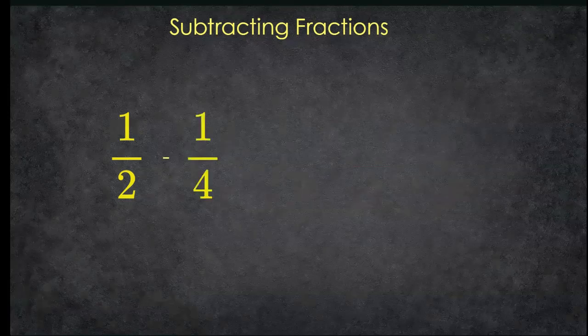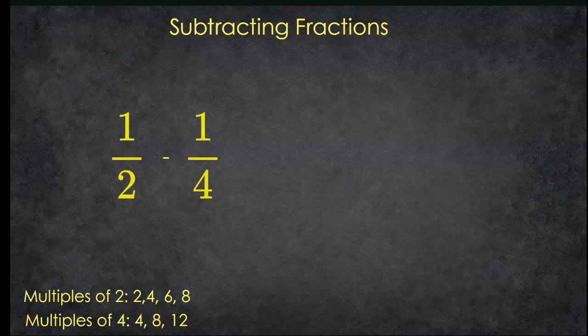All right, let's go ahead and take a look at another example. 1/2 minus 1/4. So again, I can't subtract those. They're different denominators. So I'm going to be listing out all my 2s, and here are my 4s. I'm going to be looking for a common multiple, and I can see that 4 is a common multiple. Even though 8 is also a common multiple, remember we want to pick the lowest common multiple.